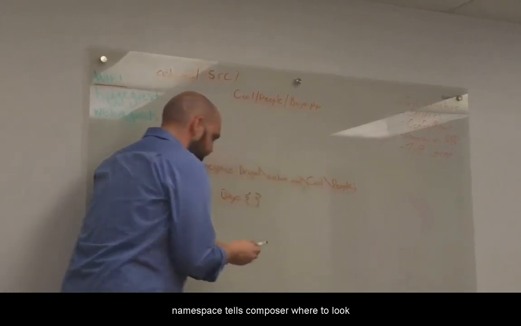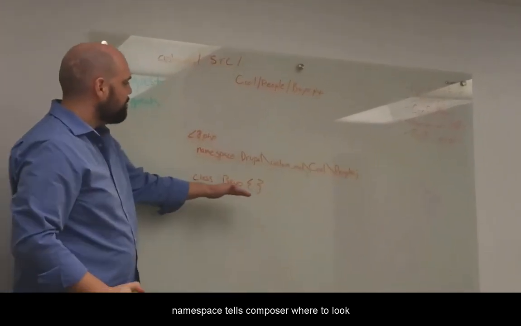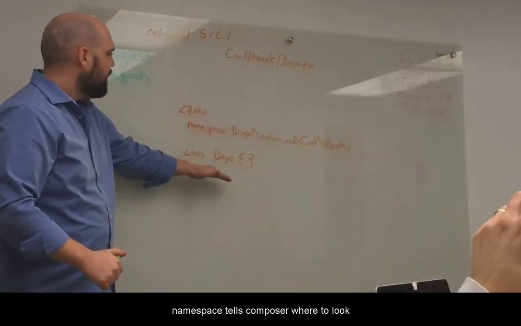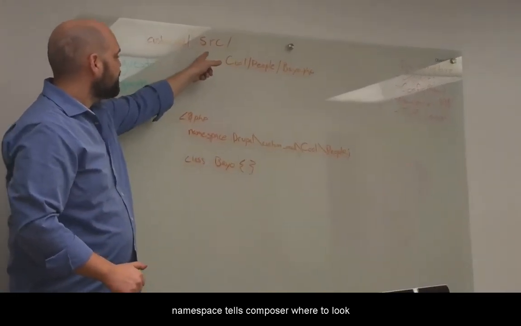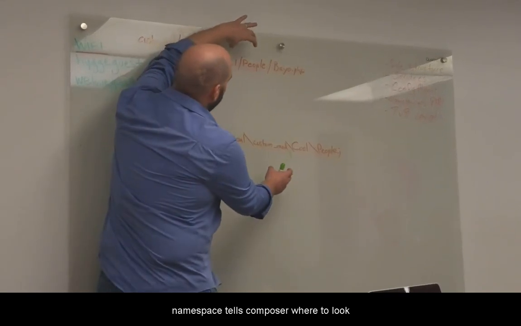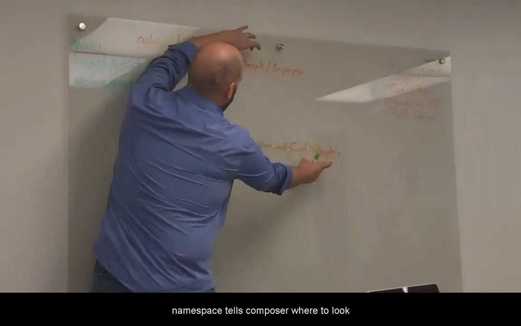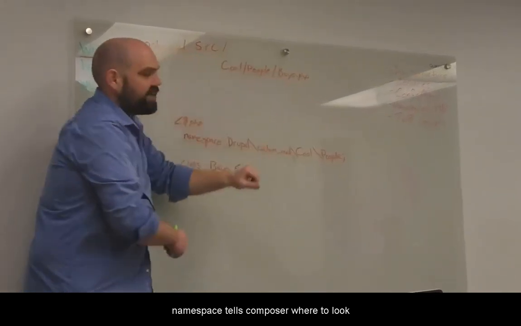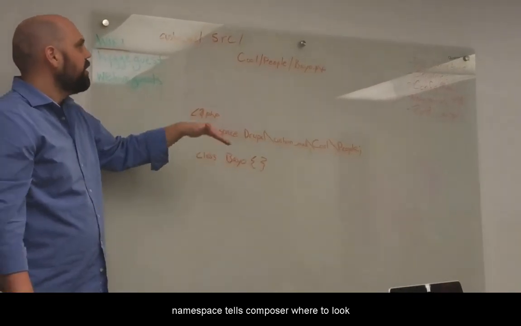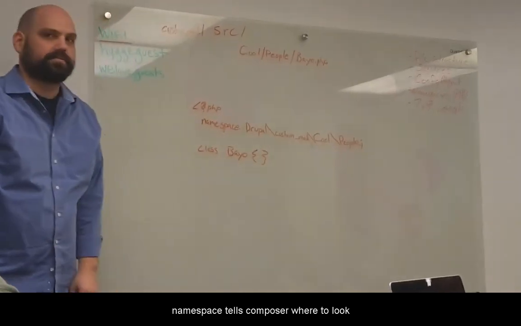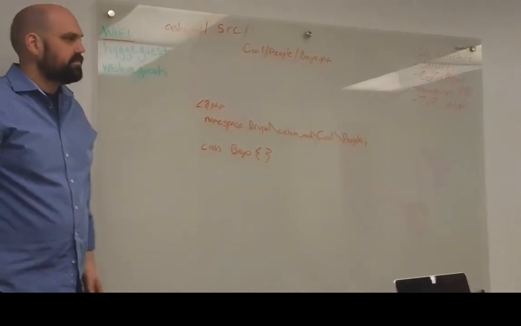So when somebody calls this class, Composer can look for that Drupal module inside the source directory, and then match Cool, People, Bio. And that's how it auto-loads. So the namespace tells Composer where to auto-load the class. Does that make sense?